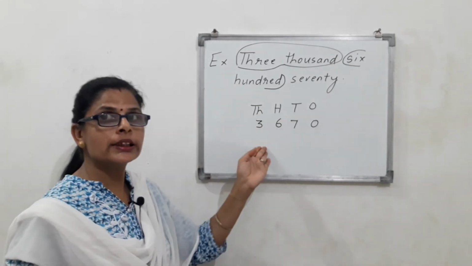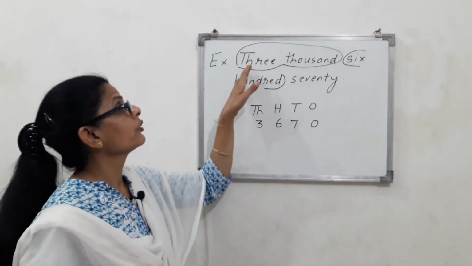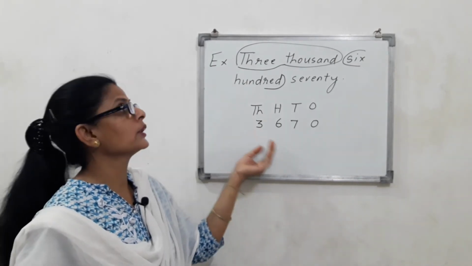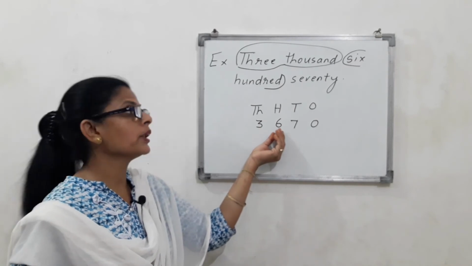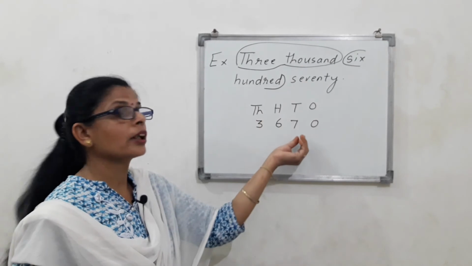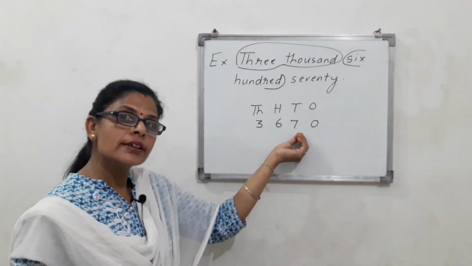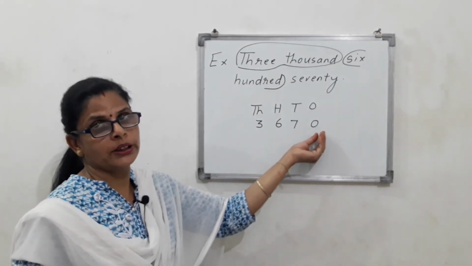First write the places and then arrange the number on the places. 3000 means 3 will be written on the 1000 place. 600 means 6 will be written on the 100 place. 70 means 7 tens, so 7 will be written on the tens place and 0 on the ones place.